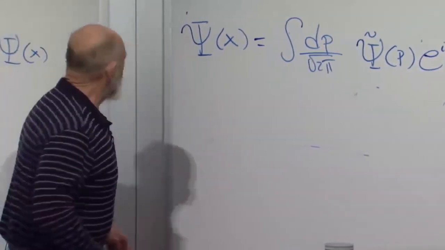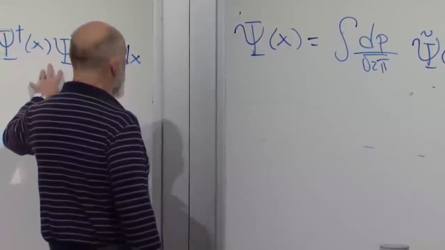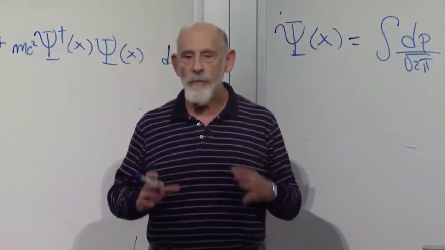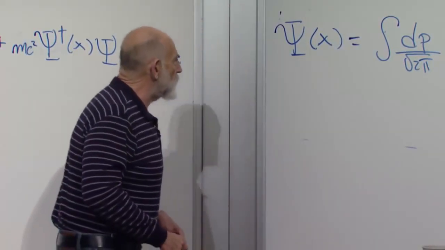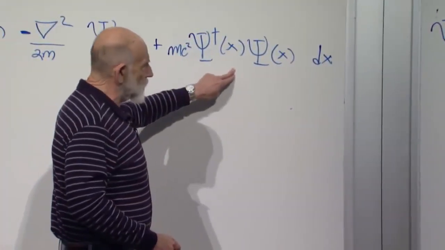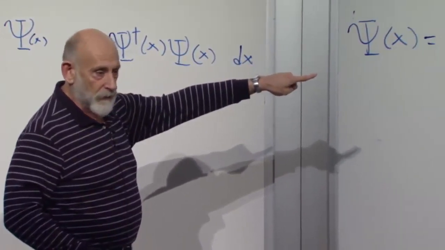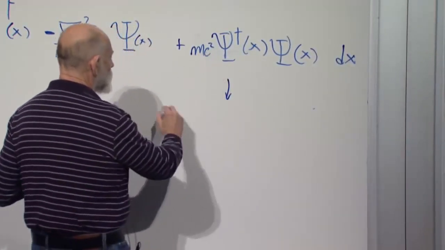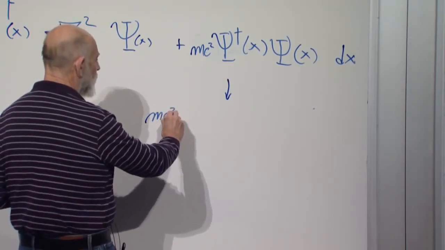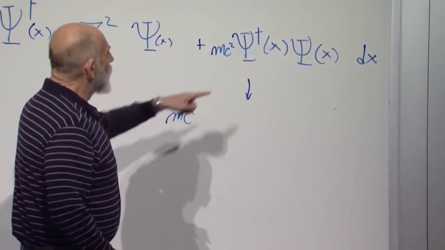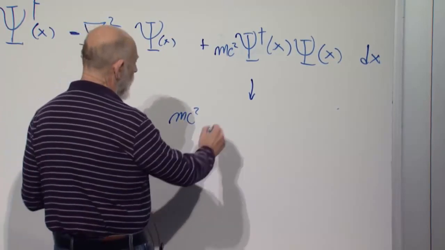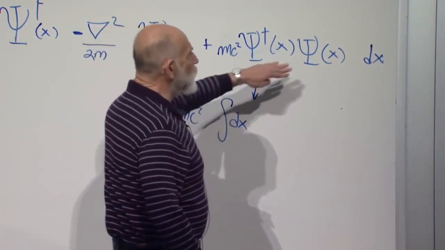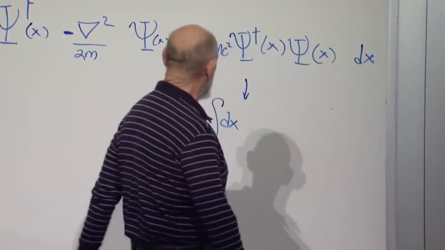Now, I'm interested in what this operator does when it acts on a state, but I'm interested in what it does to the momentum. So the natural thing to do is to rewrite this in terms of the momentum variables. So let's do that. Let's go down here. mc squared, that's just a number. And now we have integral dx. Now, each one of these can be rewritten that way.